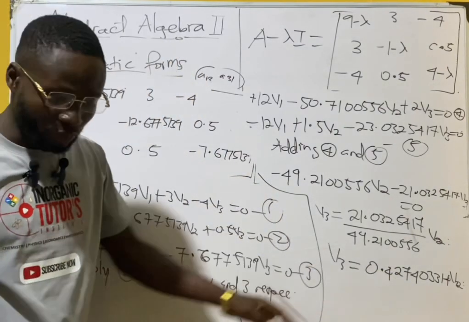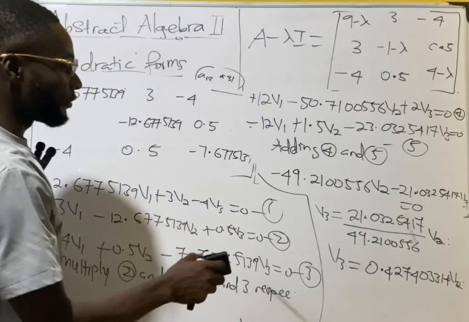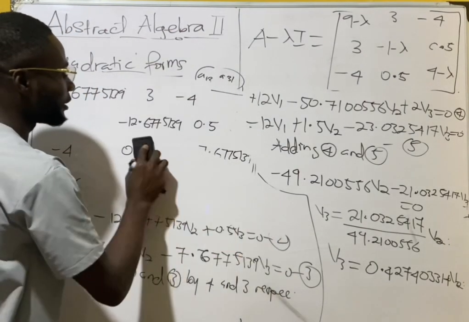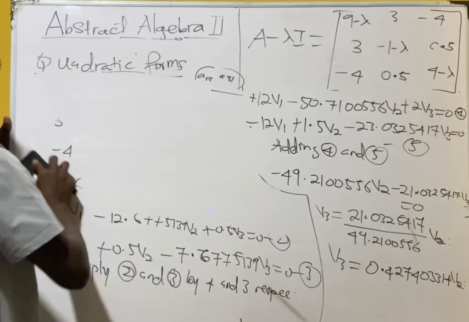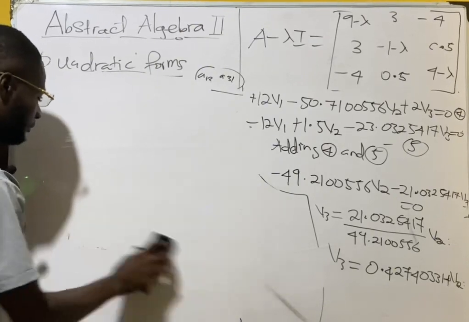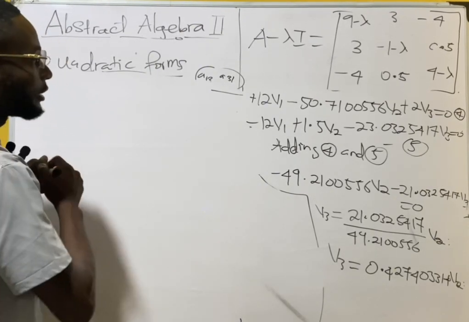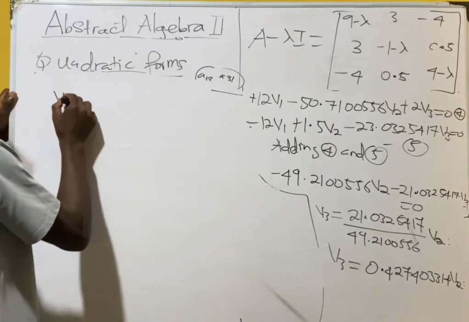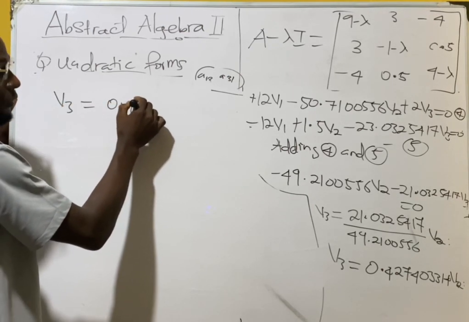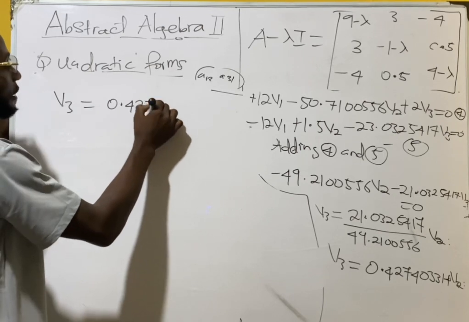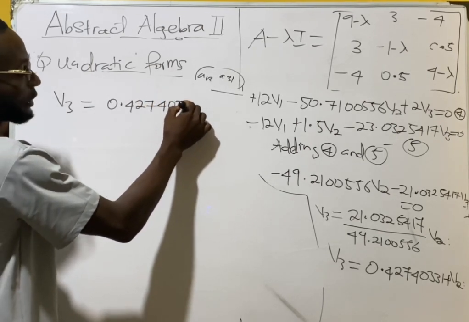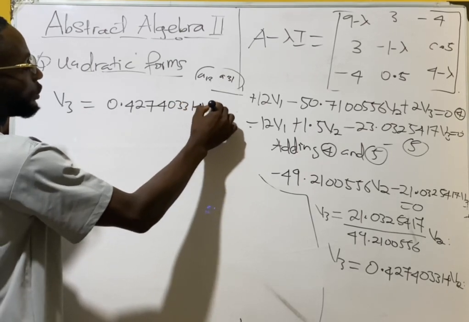So we can see that V3 is equal to 0.42740331 V2.